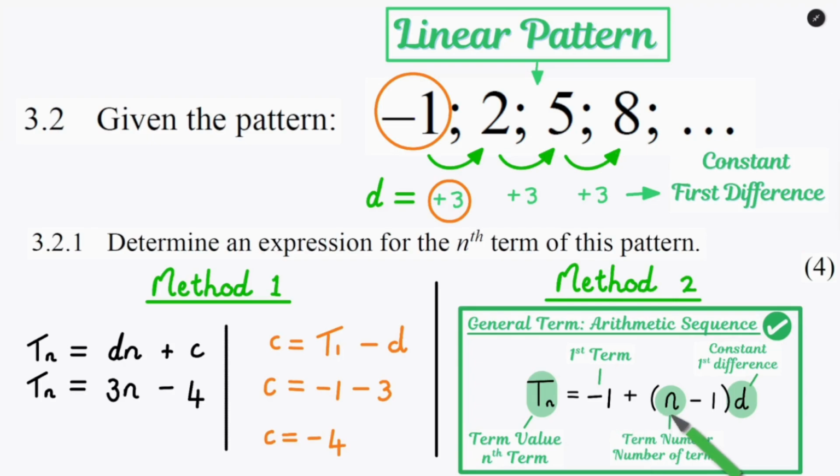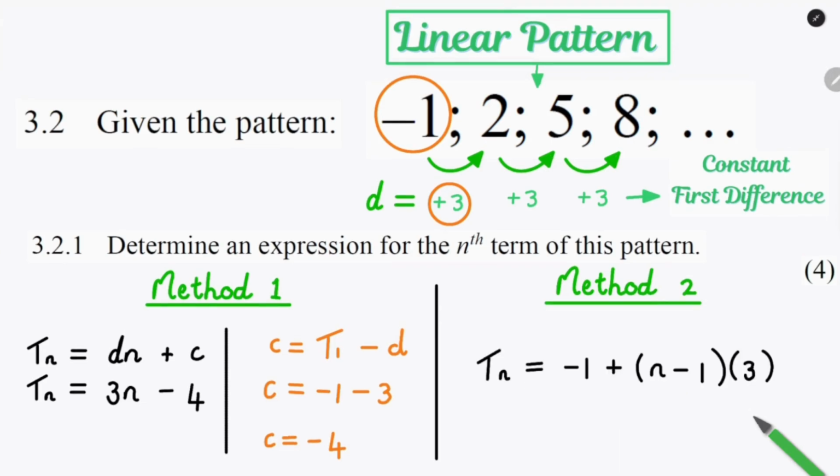Now, when you're getting the nth term, you leave this n here, so do not touch this n. And then the constant first difference, we have that to be 3. So we're going to change this d to a 3, which I like to keep in brackets, so that it helps remind me I've got to distribute. And we're going to do exactly that.